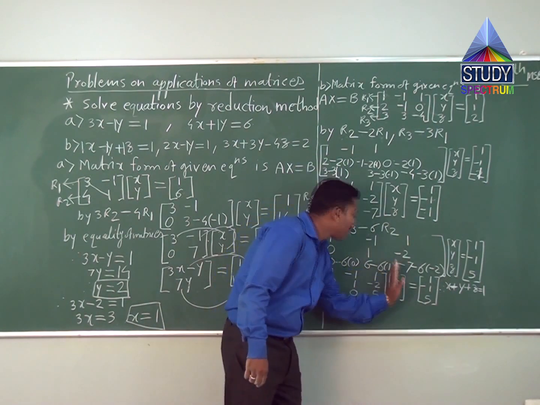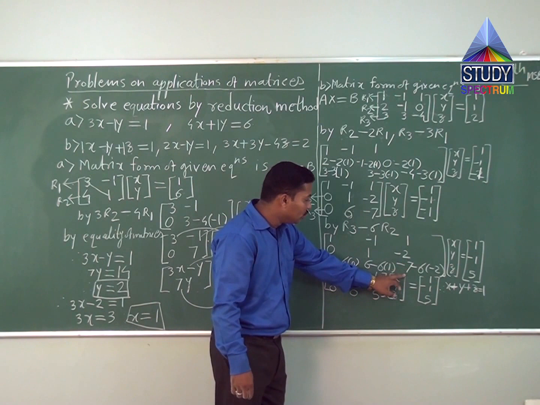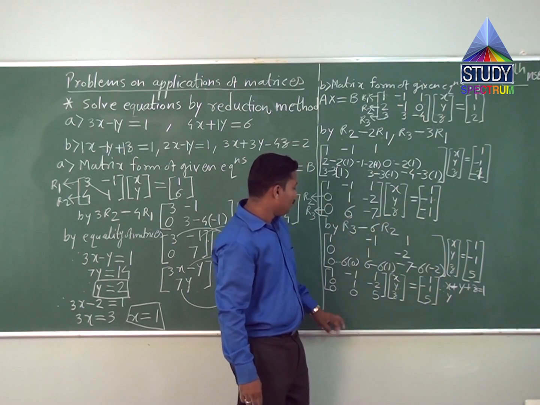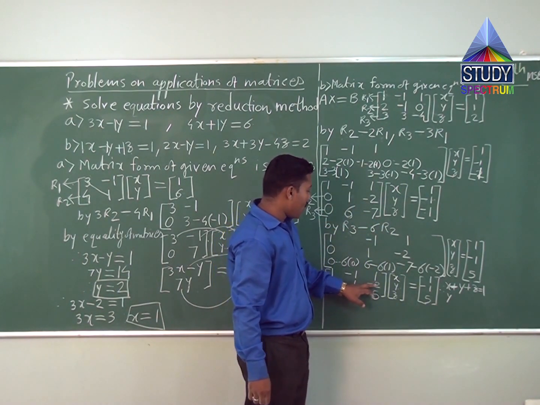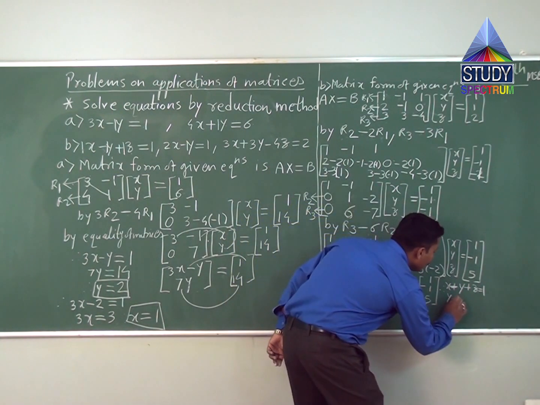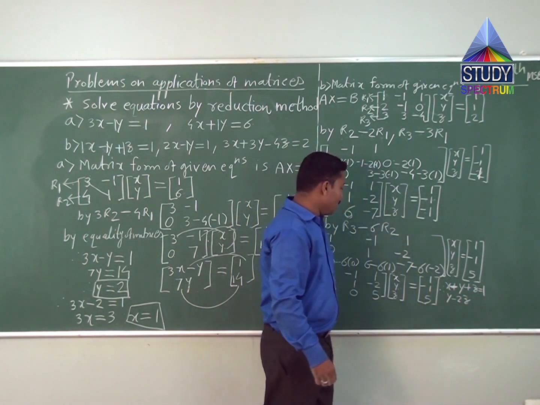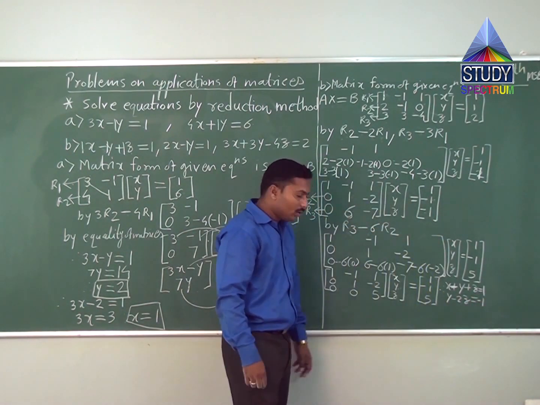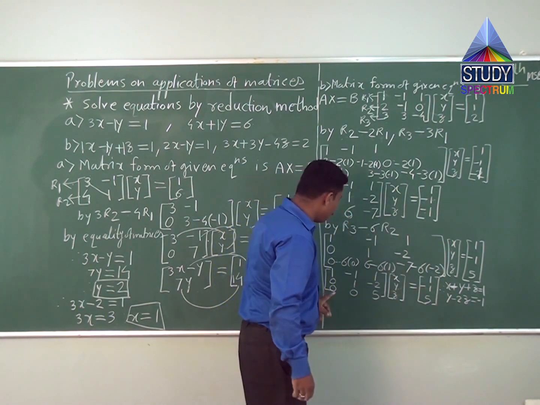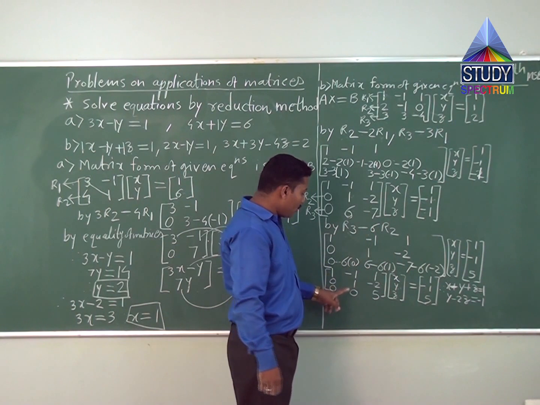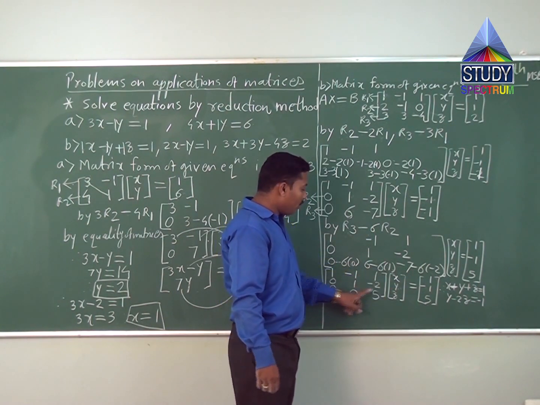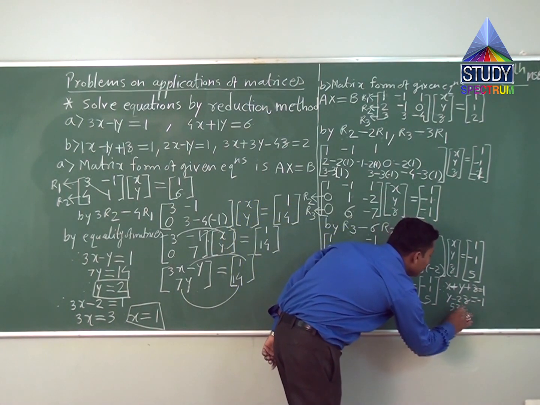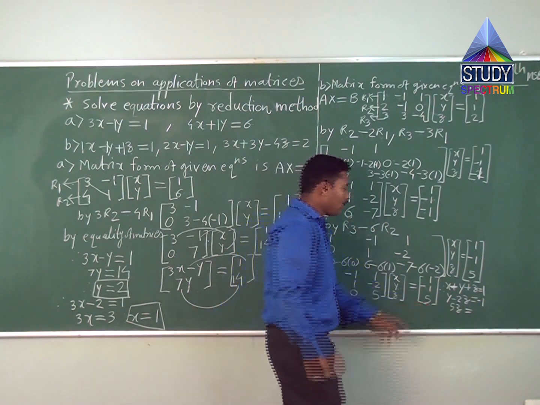Second row: 0 into x, 0, plus 1 into y, y, minus 2 into z, minus 2z equal to this number minus 1. And last one, third row: 0 into x, 0, plus 0 into y, 0, plus 5 into z, 5z equal to this last number 5.